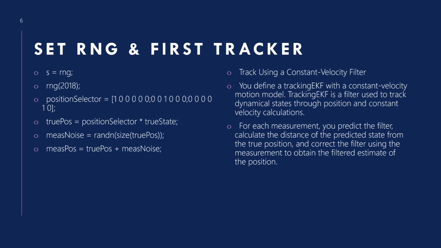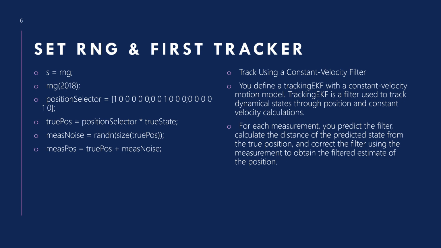And we're going to define it using a constant velocity motion. trackingEKF is a filter used to track dynamical states through position and constant velocity calculations. So it's a very simple form that's pretty easy to define in MATLAB, that you just use trackingEKF, and it immediately has an entire program set up for it that's already been completed.